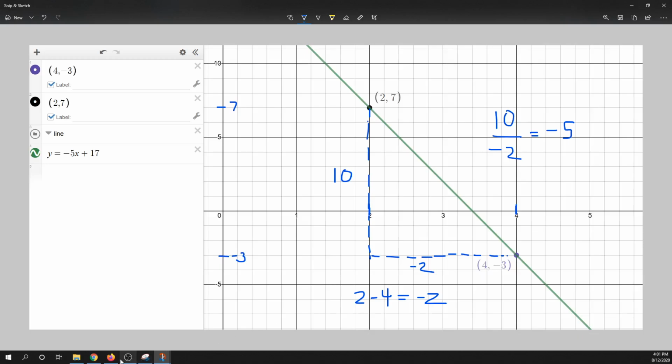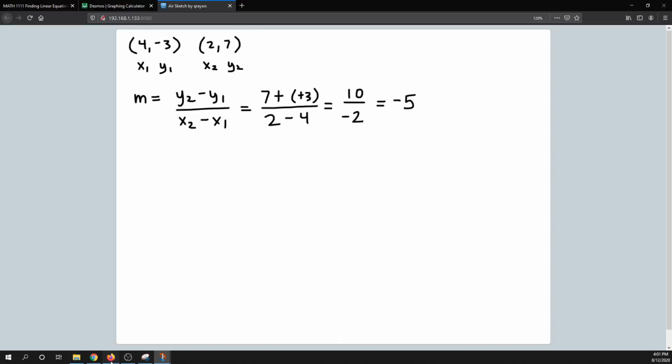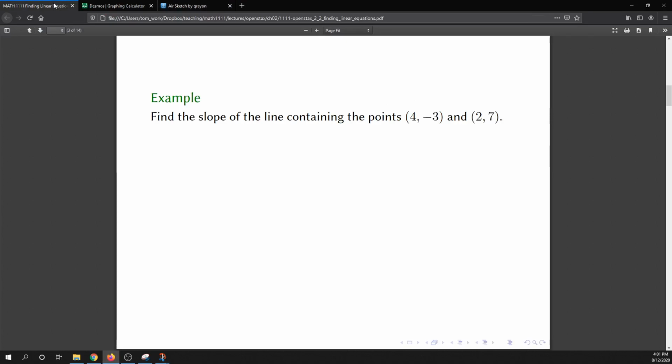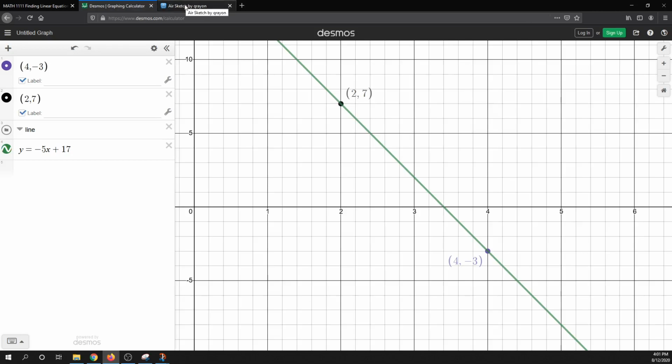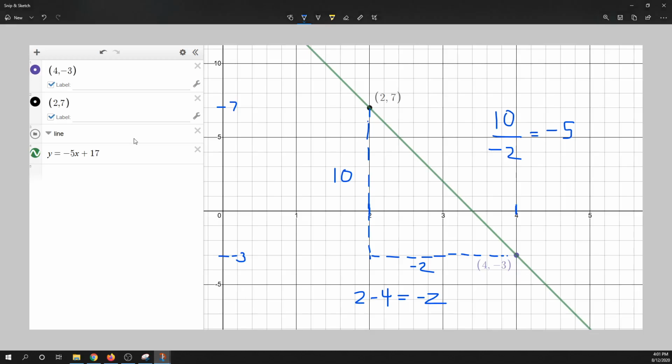All right, so I think that's it for this slope video. Let's just double check to see. Yes. And using the formula is pretty straightforward. And just to kind of show you where we're headed towards, right, we're headed towards finding the equation of lines. You can see that I have the equation right here for this green line, y equals minus 5x plus 7, right?